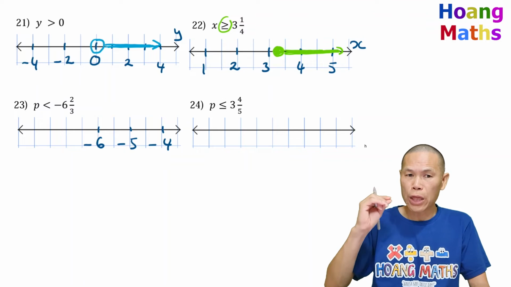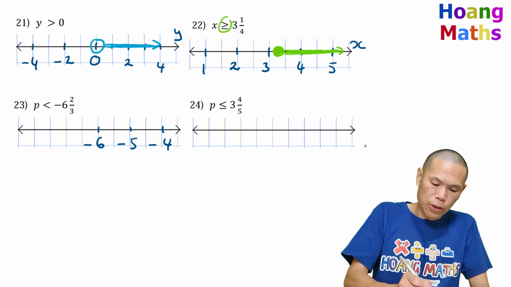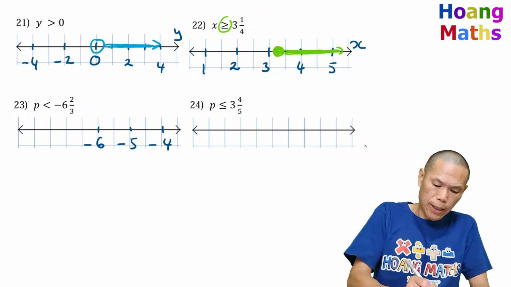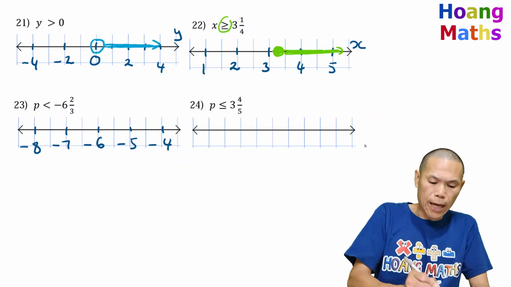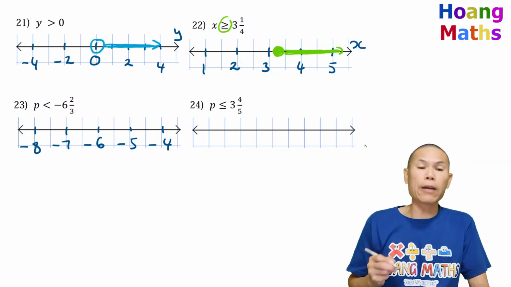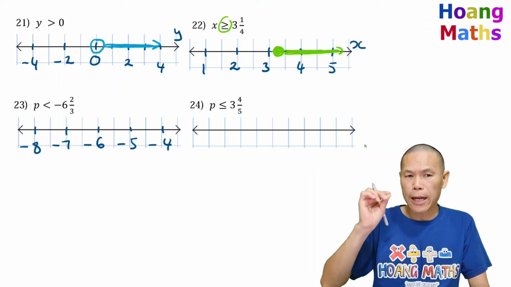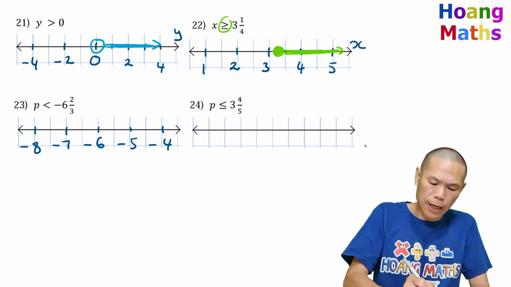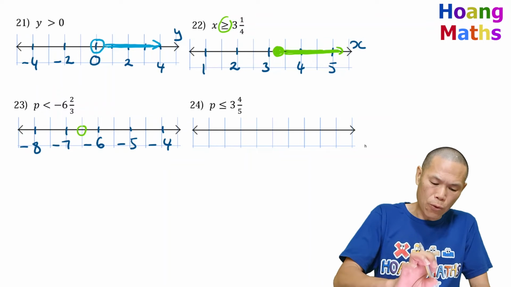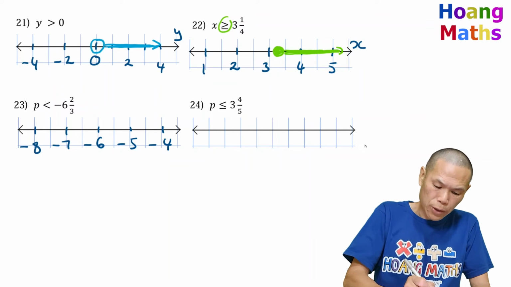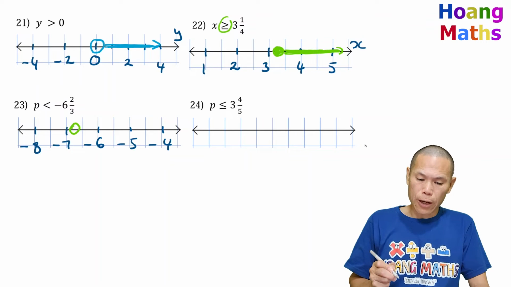And there's nothing wrong with that. So this one here is -7 and -8. And then we know that -6 2/3 is less than -6½, right? That means -6½ here, so therefore, a little bit more. So it's here, roughly. Okay, and there you go.